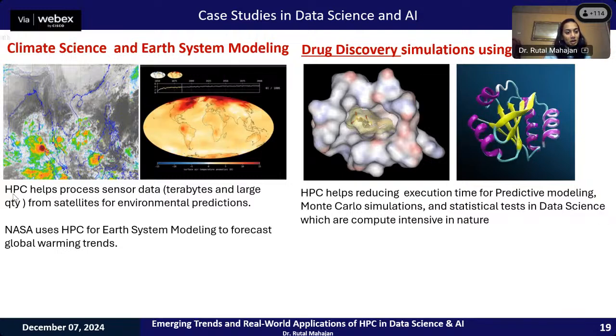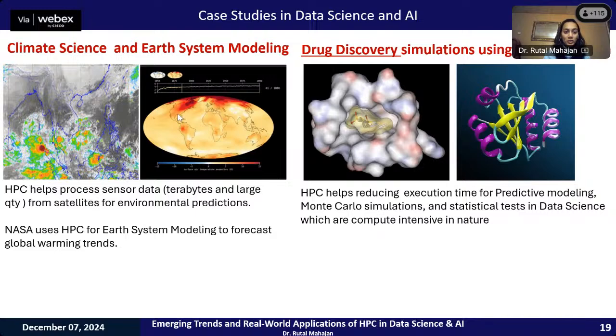So HPC helps process this kind of sensor data, which is generally in terabytes and petabytes, a large quantity, from satellite images and environmental predictions. Based on that, climate modeling is done. For the complex calculations, HPC helps process the complex computations as well as the sensor data.